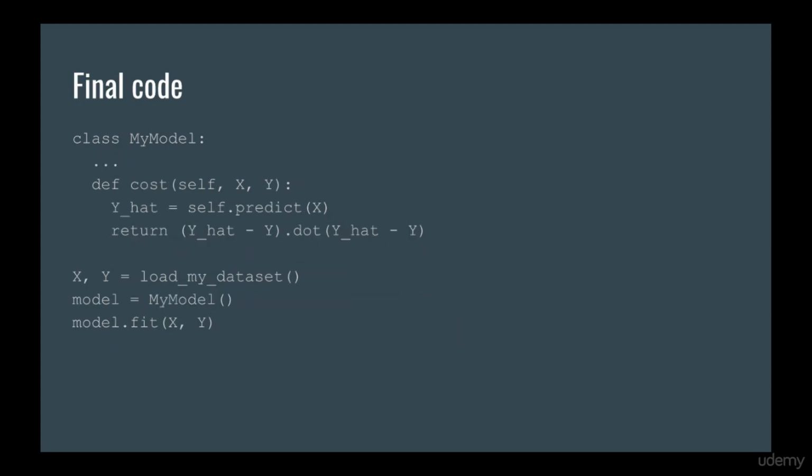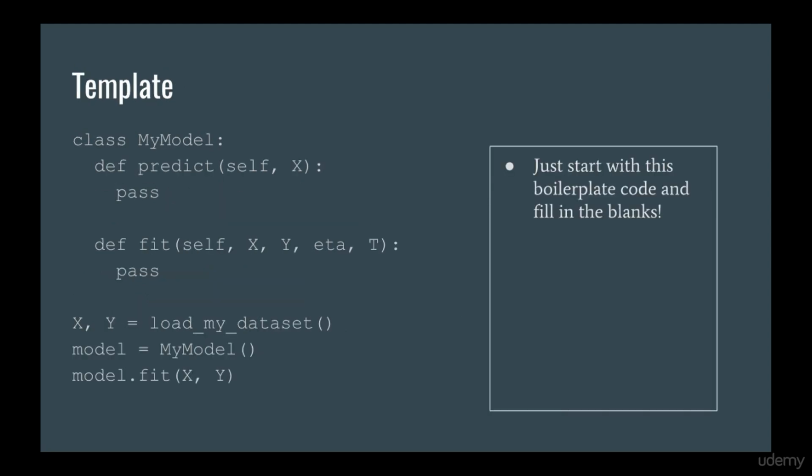Here is the second part of the code where we actually create an instance of the class and then use it. I've also included the squared error cost function just for completion's sake. What's cool about this template is that it doesn't really change from one algorithm to the next. The structure is basically always going to be this way, at least for supervised learning and unsupervised learning.